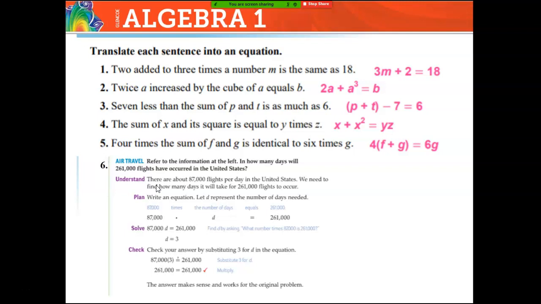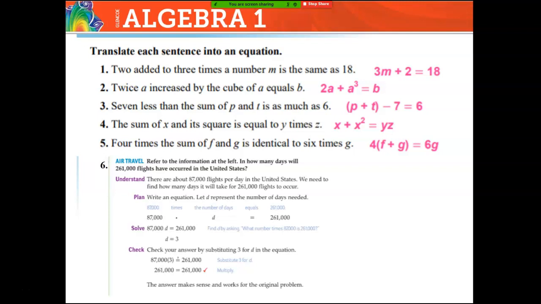And then for the last one, this is the understand, plan, solve. So on your paper, I even gave you all 4 parts. So what are you trying to understand? You are trying to understand how many days it takes for those flights to occur.